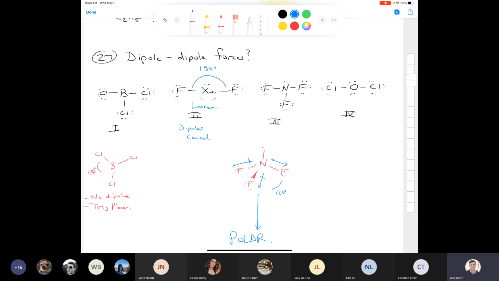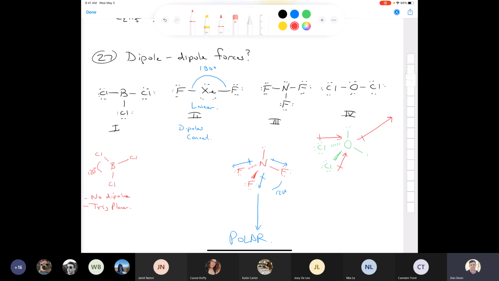Likewise, with the OCl2, I have my oxygen with my 2 lone pairs. I'll draw those in the plane of the screen. I've got a chlorine going behind the page or the screen like that, and I've got another chlorine coming out like this. Now, there are other ways you can draw the molecule, but the point still stands that I have a dipole this way and a dipole this way, right? Oxygen is the second most electronegative element in the periodic table.